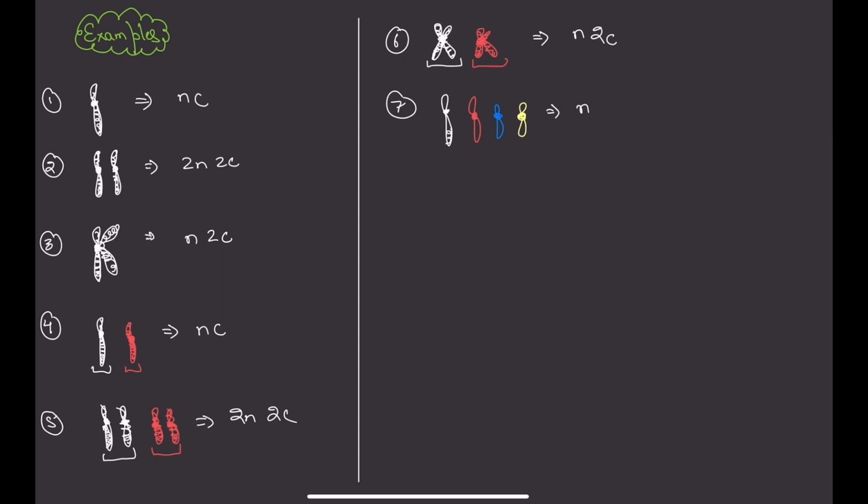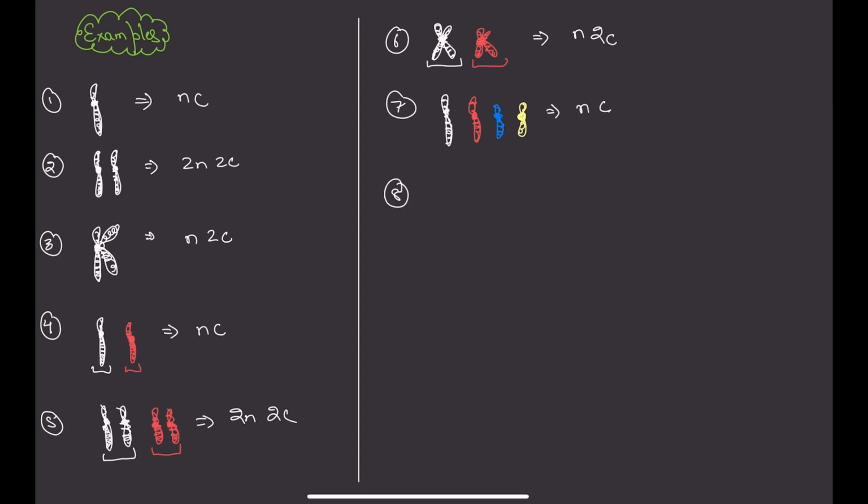Okay. Now look at the content. White has one chromatid. Red has one chromatid. Blue has one chromatid. Yellow has one chromatid. So one chromatid in every chromosome. That is why the content remains C. Okay. Now we are moving towards another example.